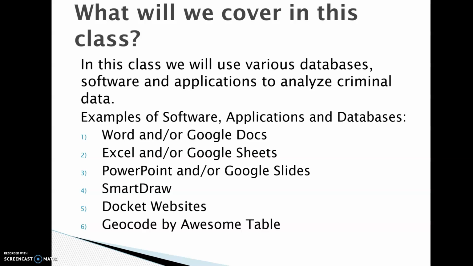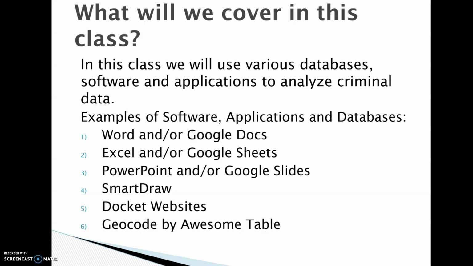So examples of some of the software applications and databases that we'll use. We're going to use Word or Google Docs. We're going to use Excel or Google Sheets, PowerPoint, and Google Slides. We're going to use this really great software called SmartDraw that we're going to be able to create crime scenes with. We're going to look into docket websites and be able to look up the criminal records of individuals at both the federal and the PA state level.